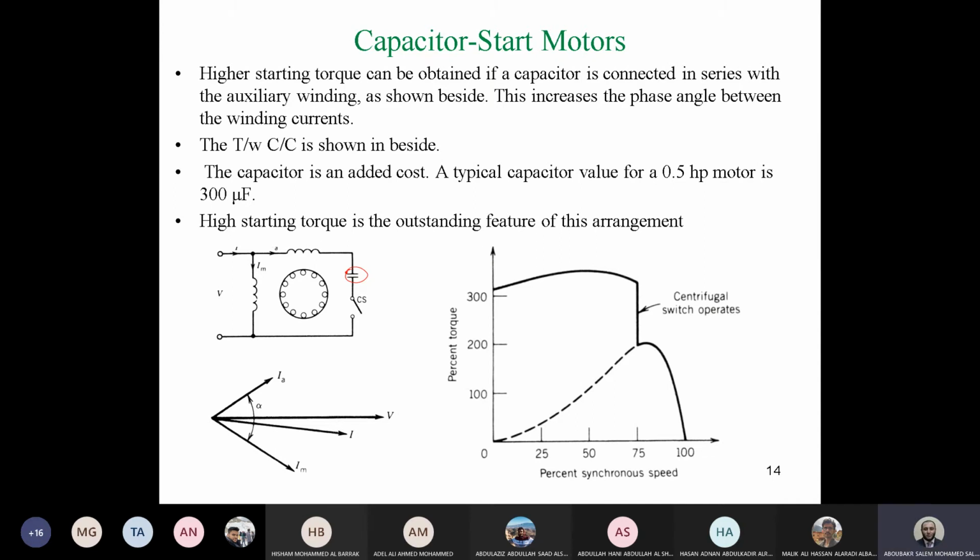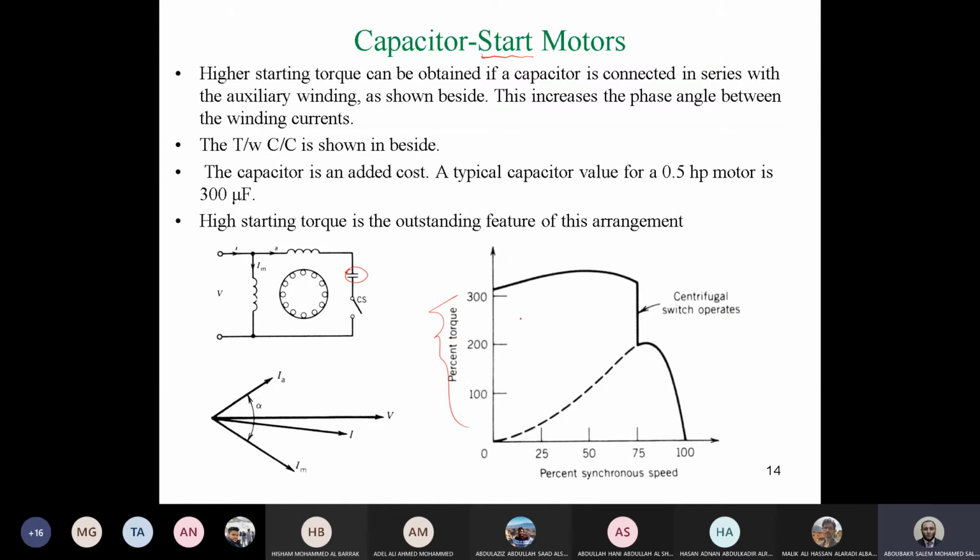If we add a capacitor, the angle will be increased more, and this is going to increase our starting torque. Is it right? We call it capacitor start because the capacitor will be removed from the circuit after starting. We need it only in the start period.